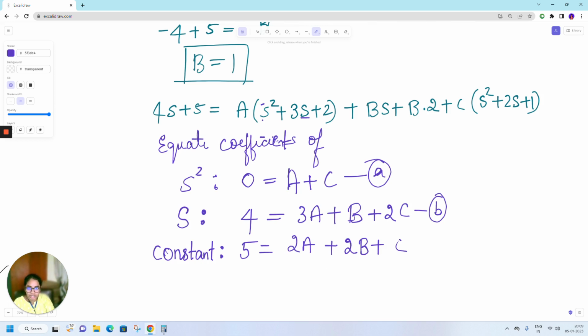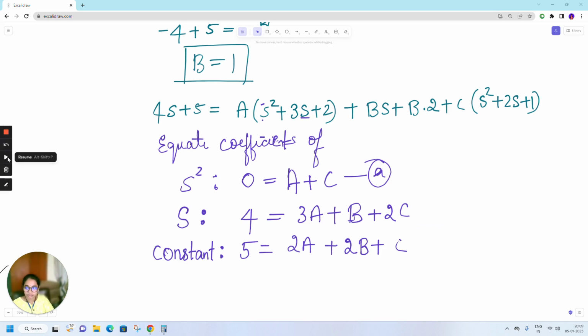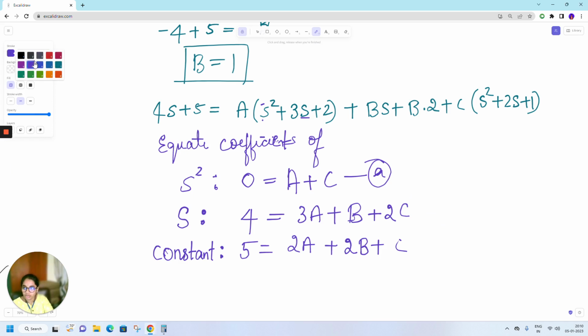Firstly, in equation B, let me substitute the b value. We already know the b value, right? So let me substitute that over here. What would I get? I would get 4 is equal to 3a plus 1 plus 2c.